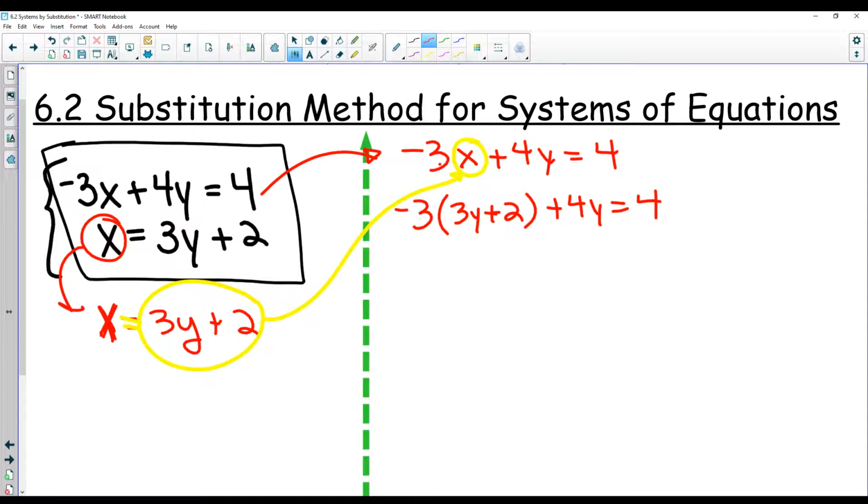Now, we only have one variable. X is gone, we replaced it, and that means we can find a solution for y. So we're going to just use our solving skills, where we do the distributive property, and we combine some like terms here.